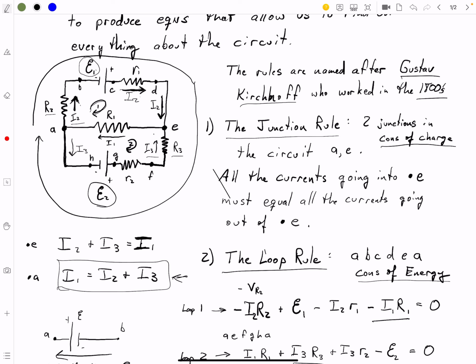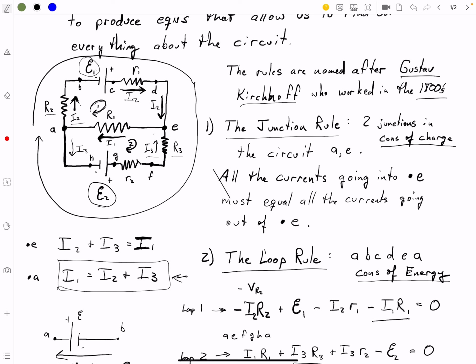So into the junction E, I2 goes in there, okay? If I choose I1 to go across R1 and I say it's going this way to the left, then if I end up finding that I1 is negative and I've done all my math having it go that direction, then I was wrong.